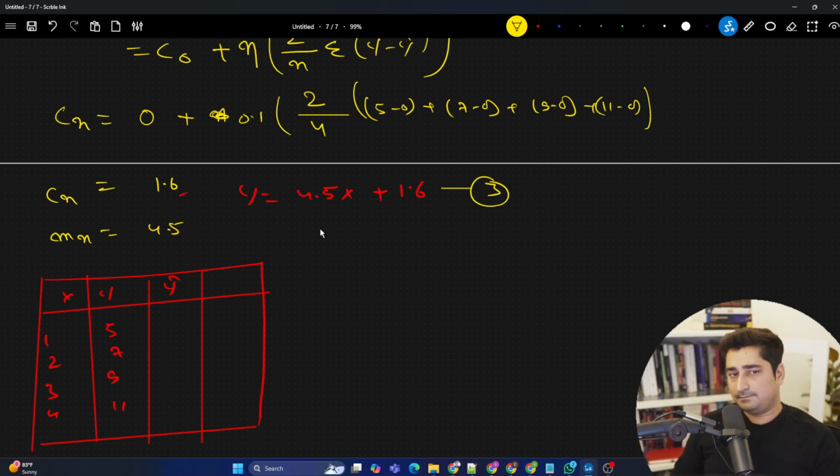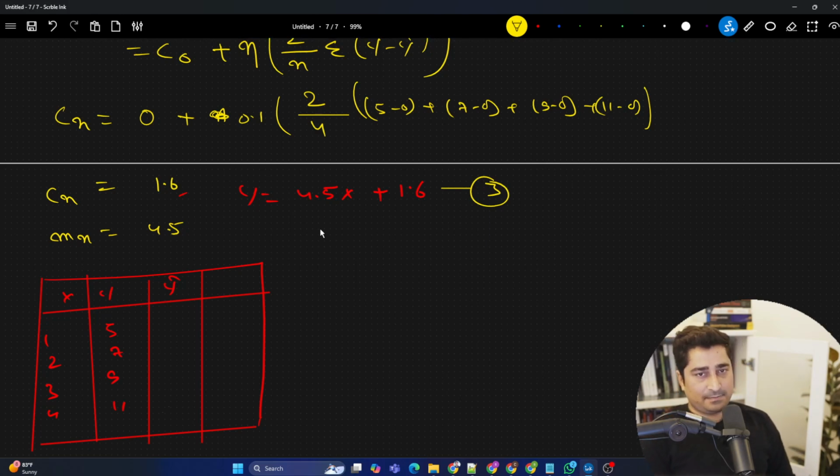Quick, everyone. We have a new equation, guys. We started with M equal to 0, C equal to 0. Now M became 4.5, C became 1.6. Give me the value. Quick, everyone.